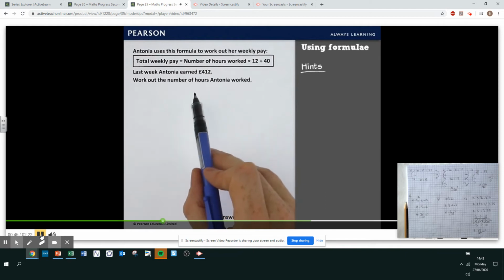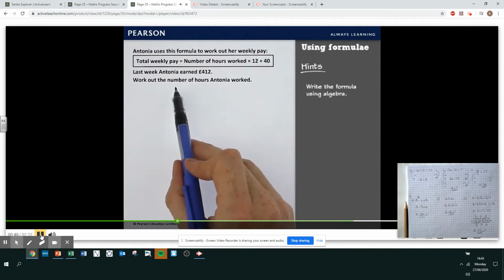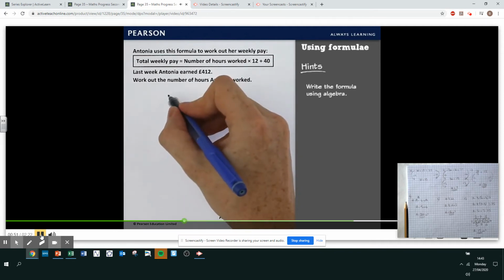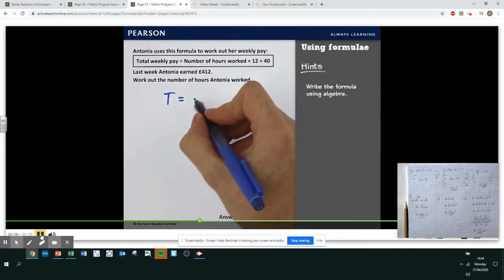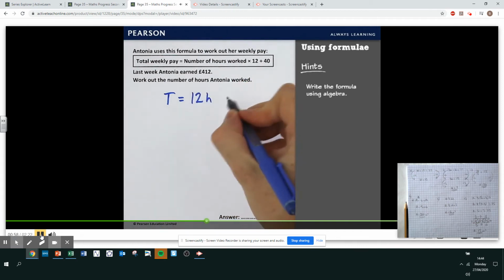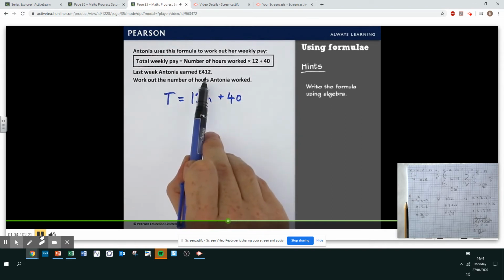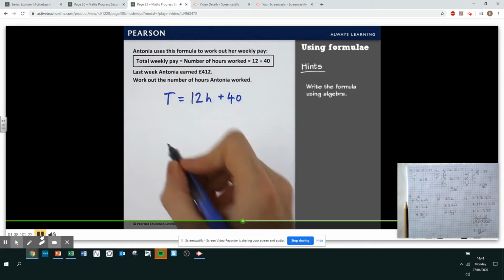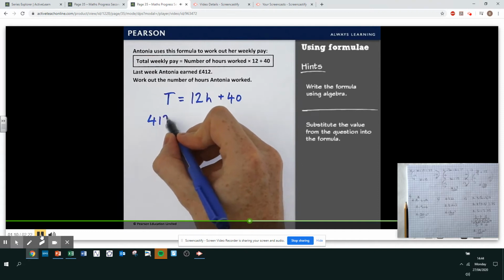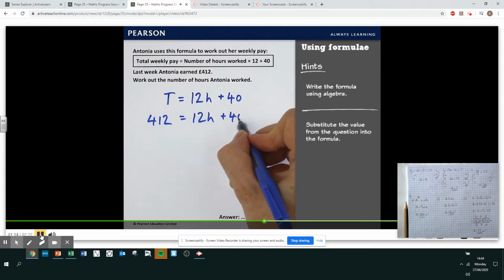Start by writing out the formula using algebra. You could use T for the total pay and H for the number of hours. Write number of hours worked times 12 as 12H. You've been told Antonia's total pay for the week, so you can substitute this value of T into your formula. 412 equals 12H plus 40.